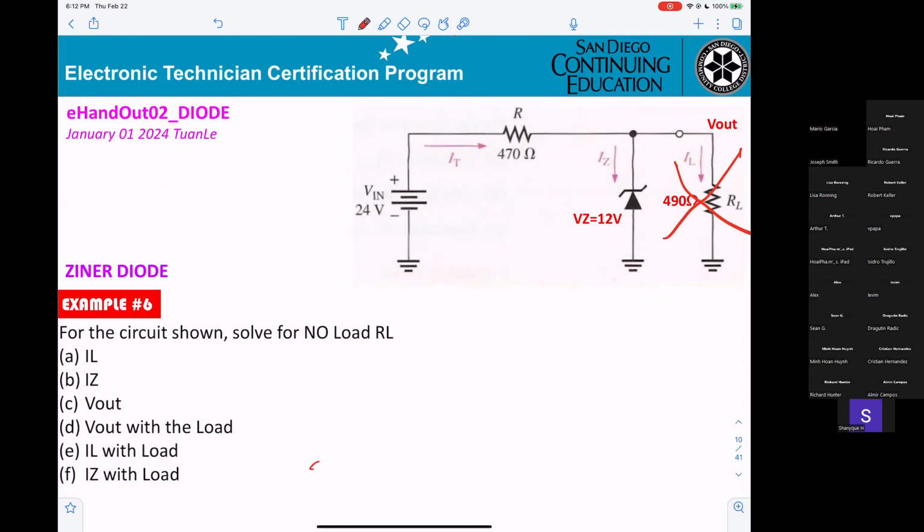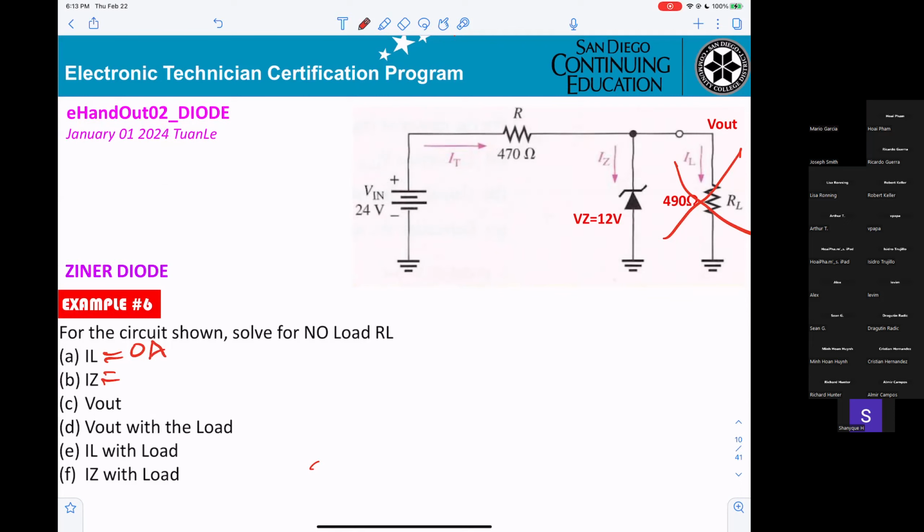What is IL? IL means the load current. IZ means the diode current. Think, what does IL equal? 0. Perfect. Now you get it better. IL equals 0 because there's no load, it's open.